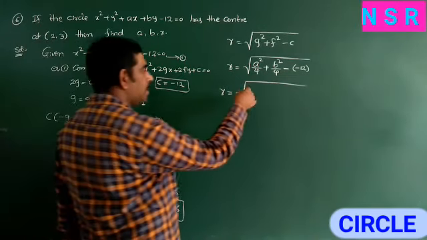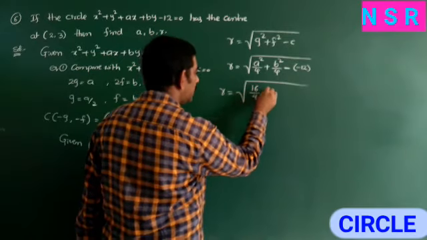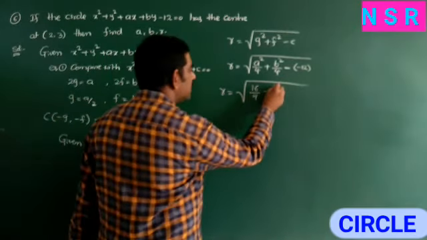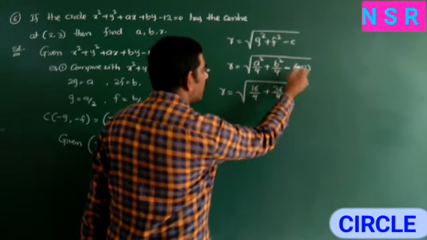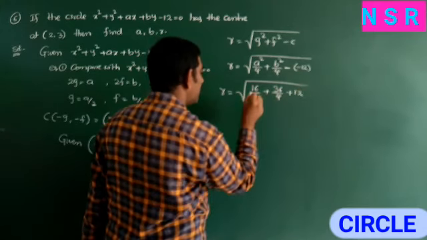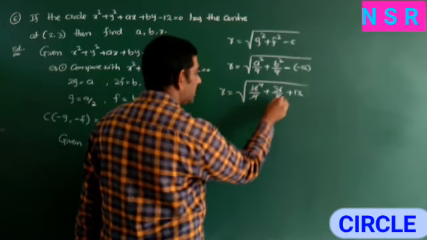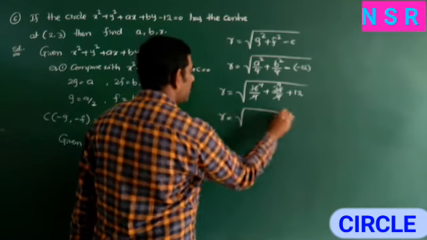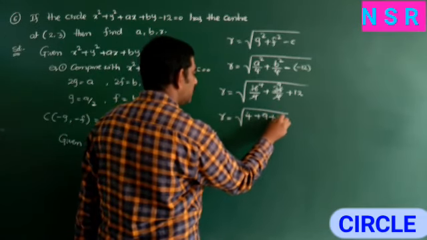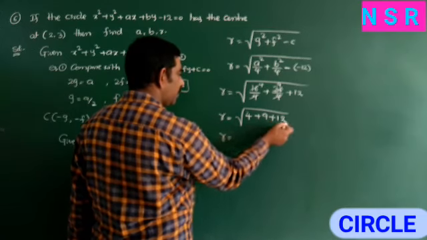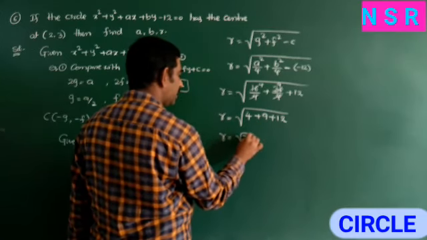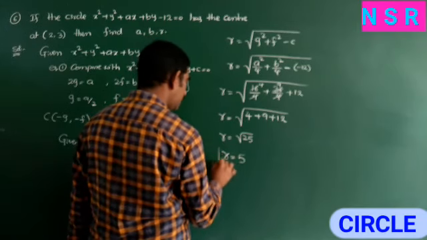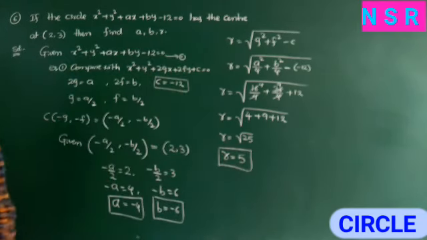So a square is minus 4 square, 16. Next the b value is minus 6, 6 square is 36, by 4, minus of minus 12 is plus 12. Now cancel: 4 fours are 16, 4 nines are 36. Now r is equal to 4 plus 9 plus 12. So 12 plus 4 is 16, plus 9 is 25. So the square root of 25 is equal to 5. Now the a value is minus 4, the b value is minus 6 and the radius is equal to 5.